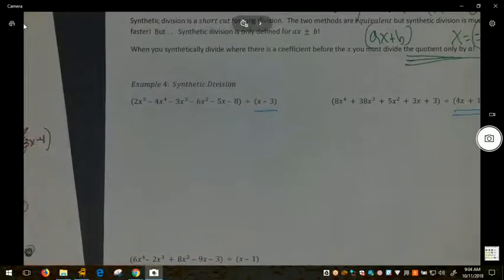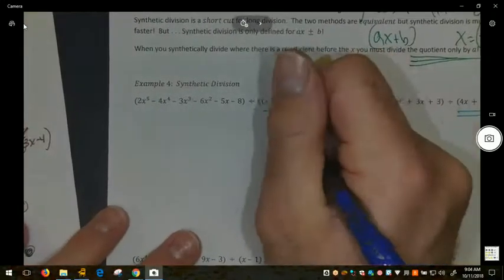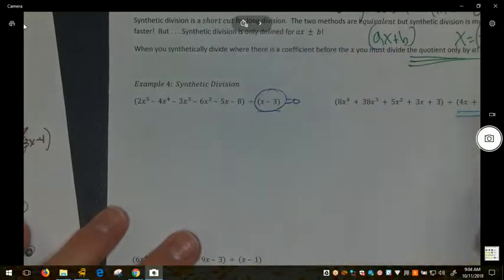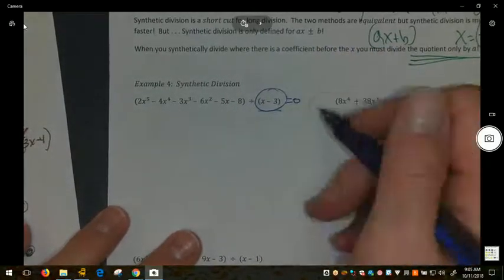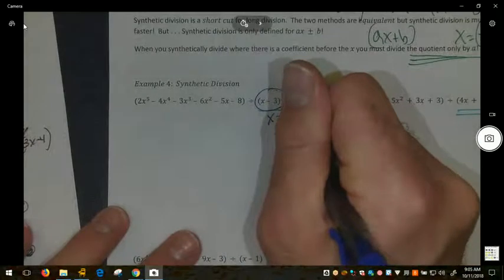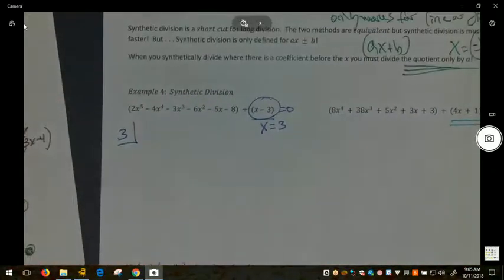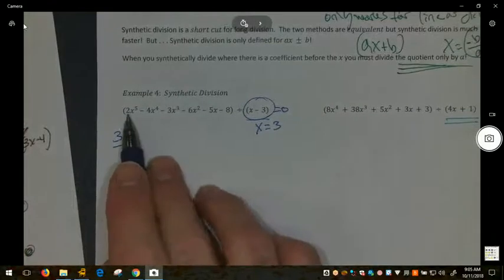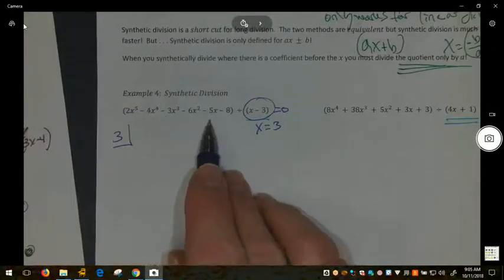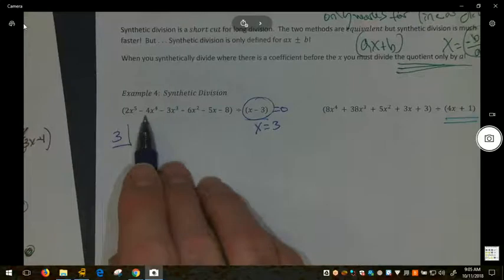So to do synthetic division, figure out what the answer for x is if this divisor is set equal to 0. You get x equals 3. You put that 3 in the box. Next to the box, you put all of the coefficients and the constant from this expression.